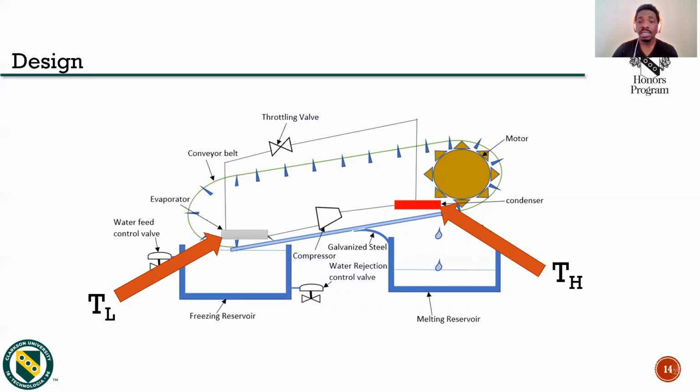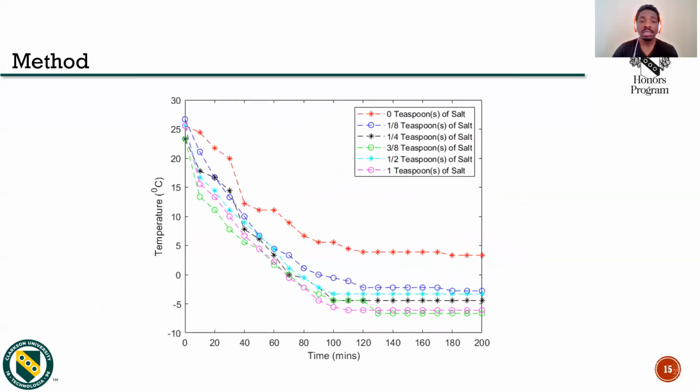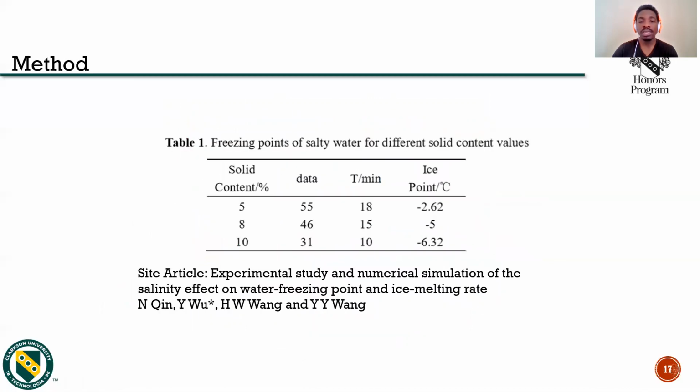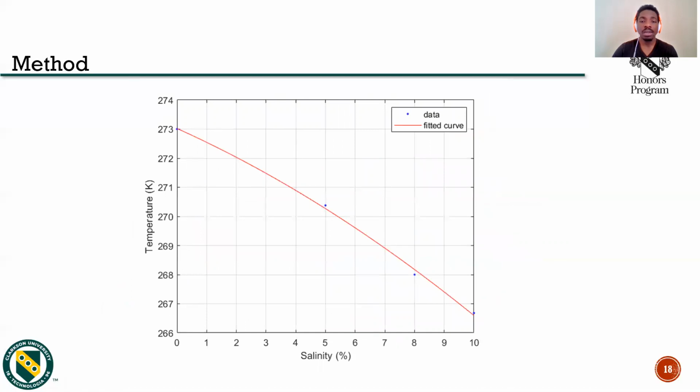So I studied the freezing point of salt water at different salinity levels. Using this data, I was able to obtain a graph that gave me the freezing point in the freezing reservoir, as well as the freezing point of the ice formed. That will be the temperature of the evaporator, and this will be that of the condenser.